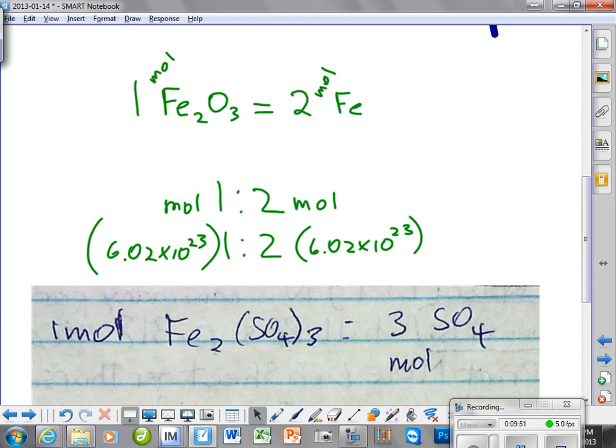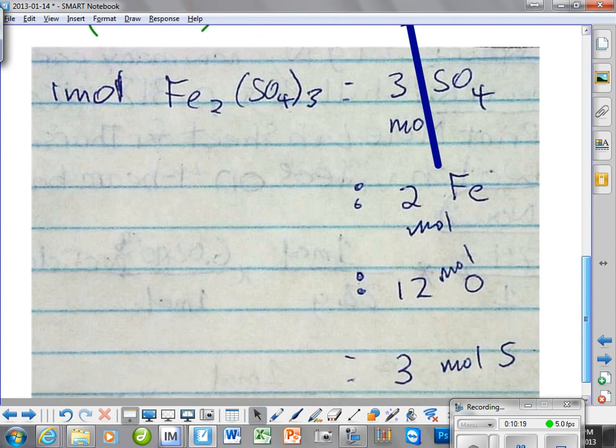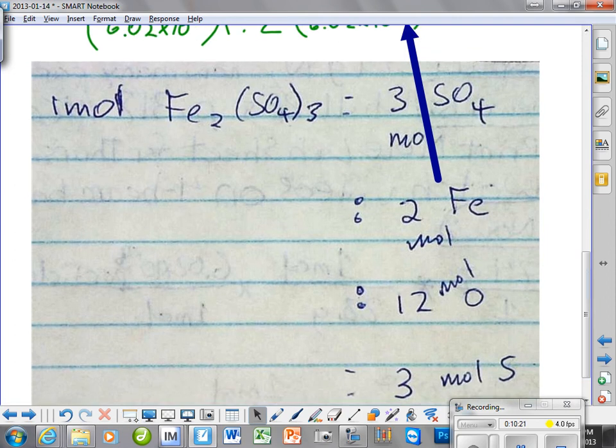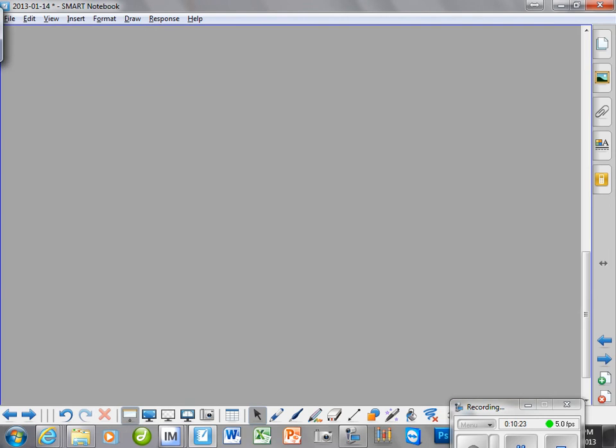Whether we do it here like this, using moles, or whether we use it as 6.02 times 10 to the 23rd times the 1 to 2 ratio, that's why we can add moles in there, or we can add 6.02 times 10 to the 23rd there. Either way, we multiply both sides by the same thing, we still have the equality. And I think this part right down here is really good as well. So let's take a quick look at this.